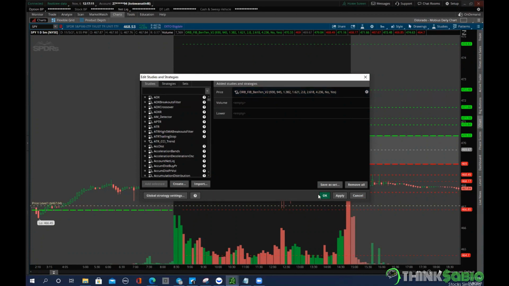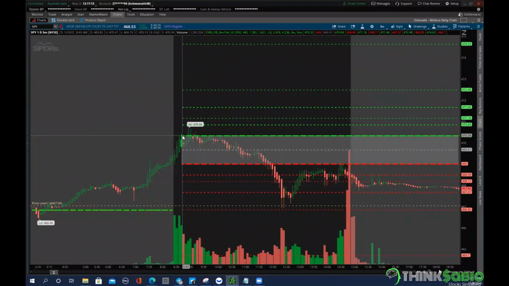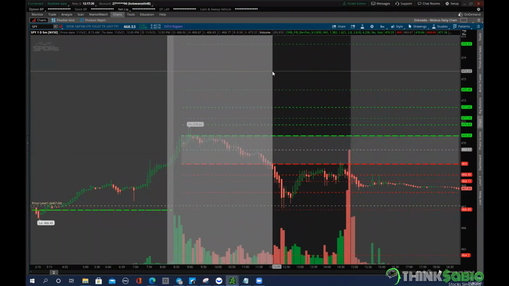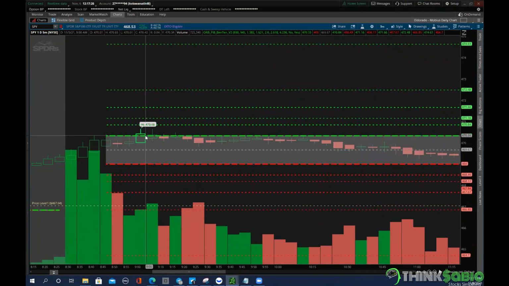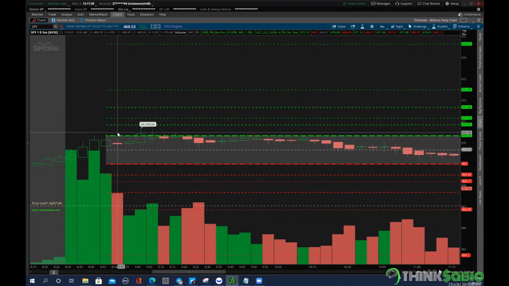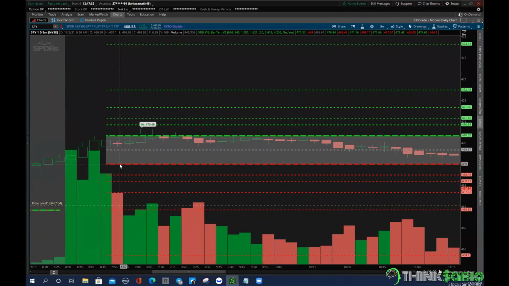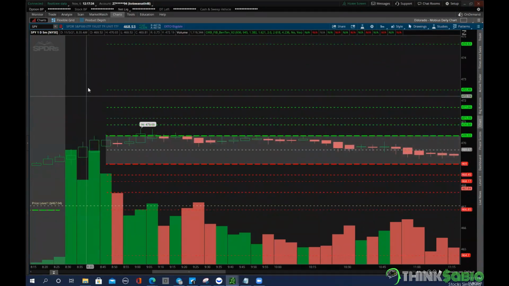ORB basically plots a high and a low based on the first 15 minutes of price action of a stock. Let's say we are looking at SPY, and this is the first 15 minutes. The thick line here is the first 15-minute high, and the thick red line here is the first 15-minute low of the day.